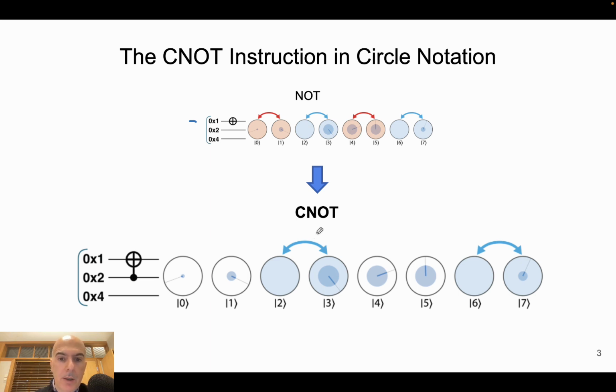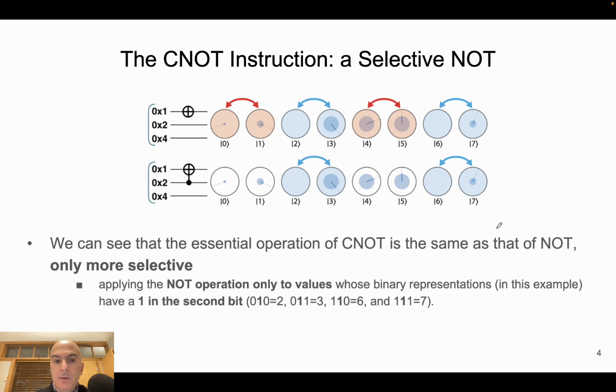You see, the CNOT only operates on these two. The CNOT is essentially the NOT operation, only more selective: apply the NOT operation only to values whose binary representation, in this particular example, has 1 in the second bit.